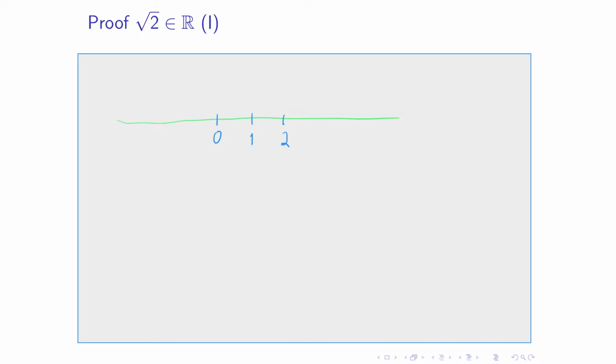So anyway, if we think that maybe, roughly speaking, root 2 is somewhere around here on the number line, then it makes good sense to pick a set like the interval from 0 to square root 2. And the supremum of that set is going to, one would expect, be the square root of 2.